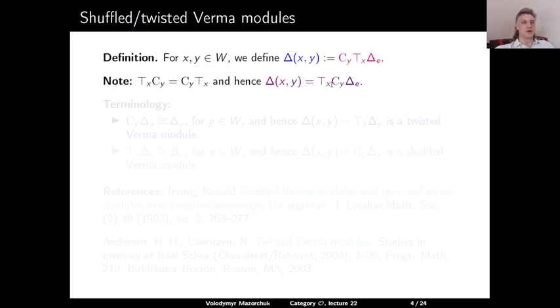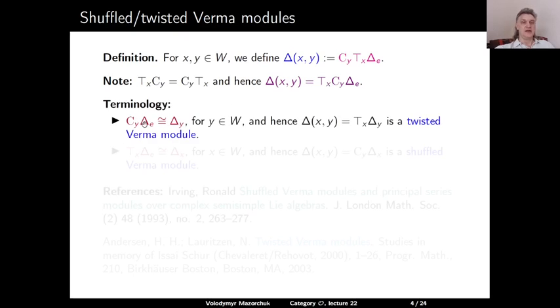Now, these modules are called shuffled or twisted Verma modules for the following reasons. We know that when we shuffle by y the dominant Verma module delta E, we get the Verma module delta y. Therefore, delta x,y is the x twisting of delta y. So it's a twisted Verma module.